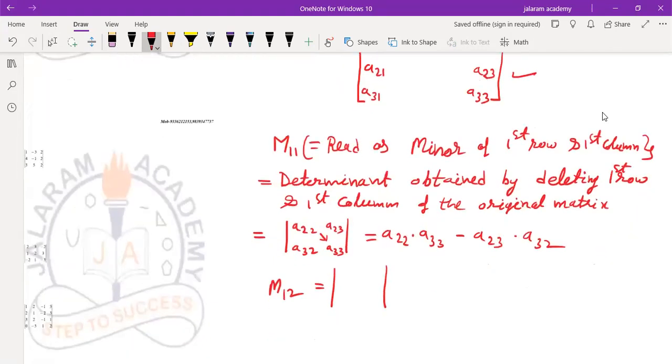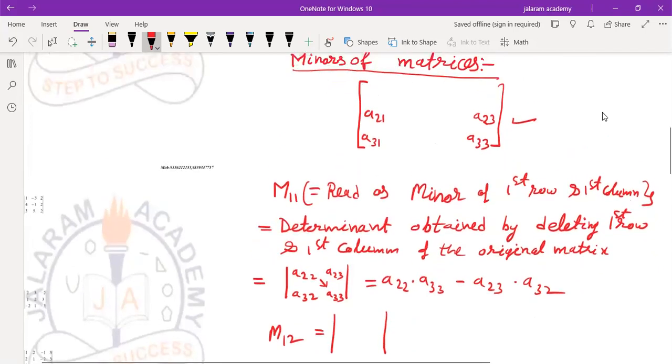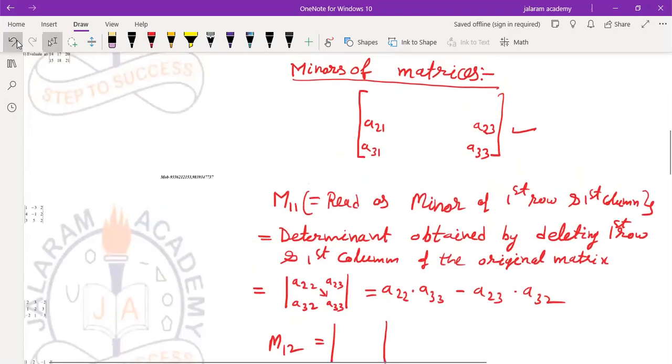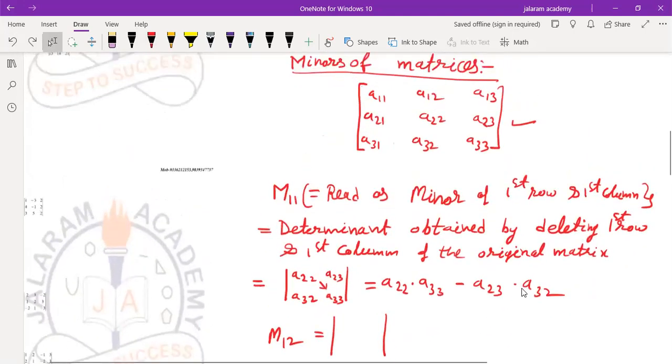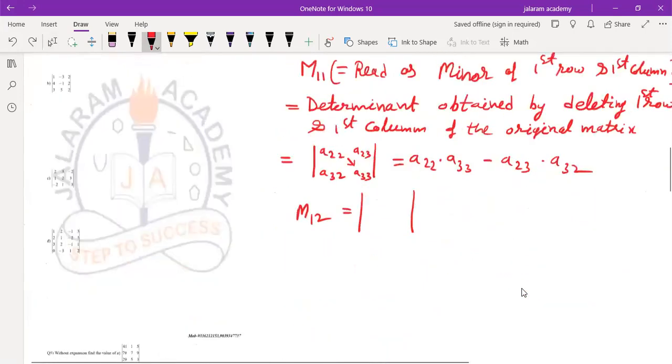Which elements? A21, A23, A31 and A33 in our discussion, when we delete first row and second column.